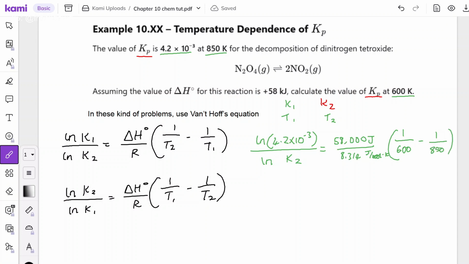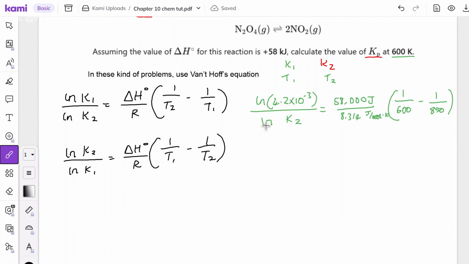And now this is where algebra comes into play when you do problems like this. So a log rule, if you've done calculus before, you know that ln of A over B is the same thing as ln of A minus ln of B. So we can write it this way, where ln of K1, 4.2 times 10 to the negative 3, minus ln of K2 is equal to the same thing that's written up here.